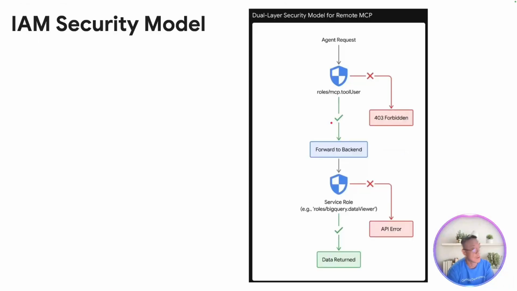One of the important things provided by the Google MCP server is the security model. The security model is based on IAM, the Identity and Access Management. When the agent has access to the MCP, it depends on the role assigned to the agent. For example, if the agent has a role that is not allowed to access, then it will not be able to access the MCP server.